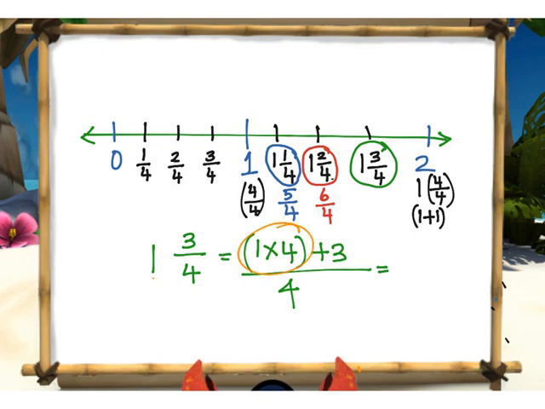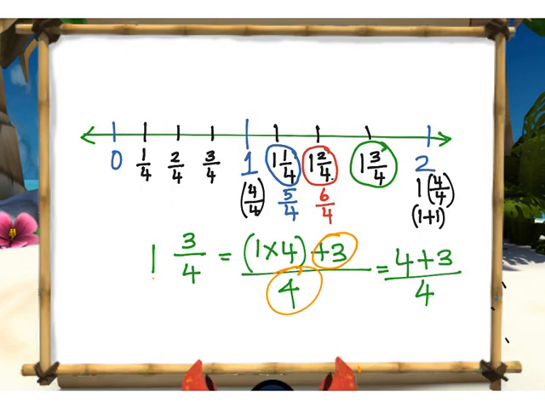So 1 times 4, what is 1 times 4? 1 times 4 is 4, and then we have to add this 3, so we write plus 3, and then divided by the denominator 4.